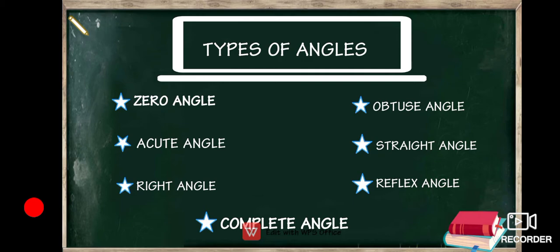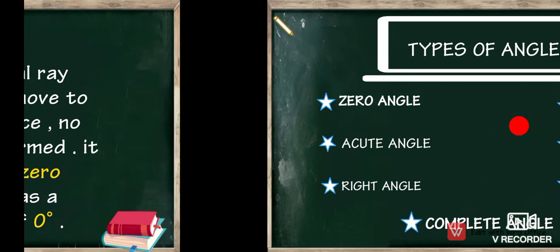Here you can see the 7 types of angles: zero angle, acute angle, right angle, obtuse angle, straight angle, reflex angle and complete angle. From these, you have only 3 types in your book, which are acute, right and obtuse angle, but we can learn something new, so it will be very enthusiastic to listen.